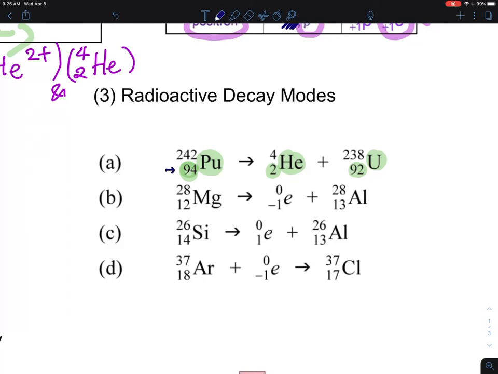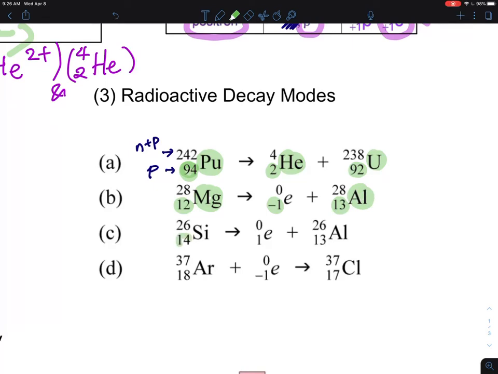But I like to write a little notation. They call it Z, but I just like to write P. And what's this number? That's the total number of neutrons plus protons combined. So from here, you can find out the number of neutrons, right? 12 protons means magnesium, and 13 protons means aluminum.